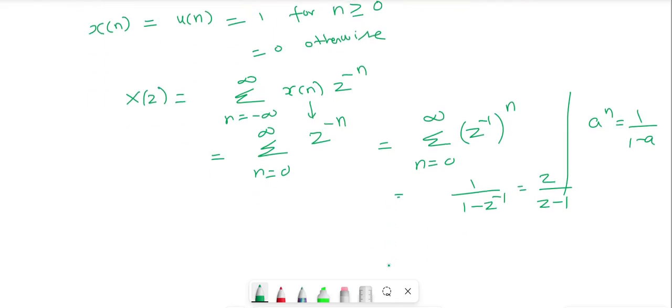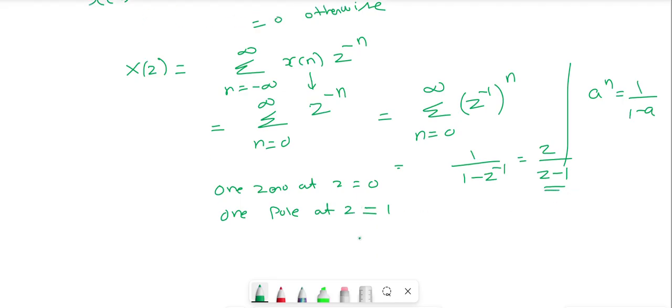In this, there is 1 zero at z equal to 0 and 1 pole at z equal to 1, from the numerator and denominator polynomial coefficients.